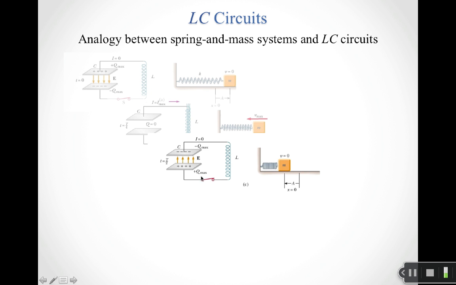The current will continue to flow in the clockwise direction, but now it will build up charge on the capacitor until the capacitor is fully charged again.